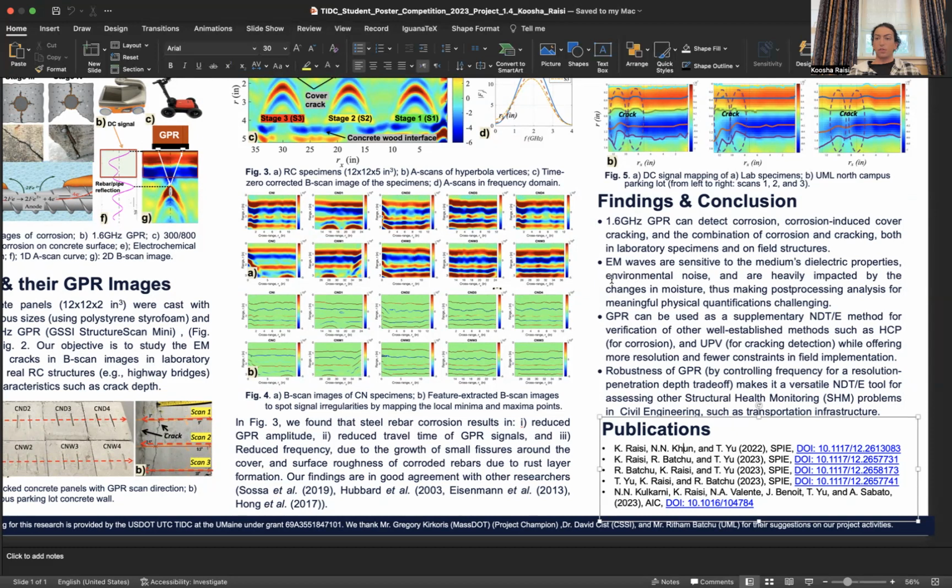And environmental noise, which is highly susceptible to where you are, how many devices are operating, frequency you're using. And also, EM waves are heavily influenced by changes in moisture, which makes post-processing analysis quite challenging.